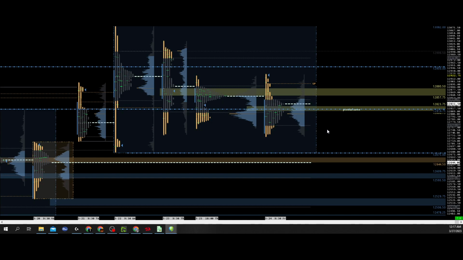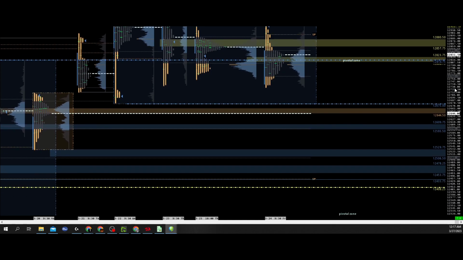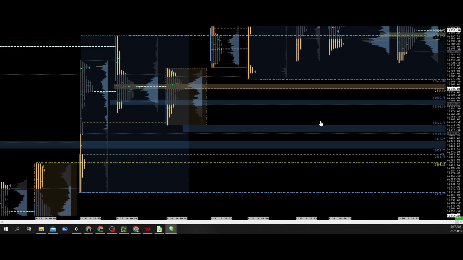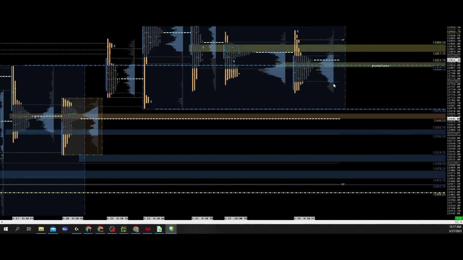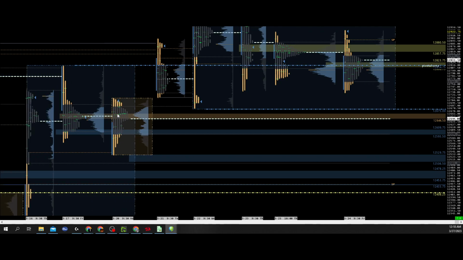The other thing I look for is island days. If we go just right here, we have a great example of an island day that has been supportive for this entire balancing act that's happened here. An island day is a day with no overlapping value to the right.